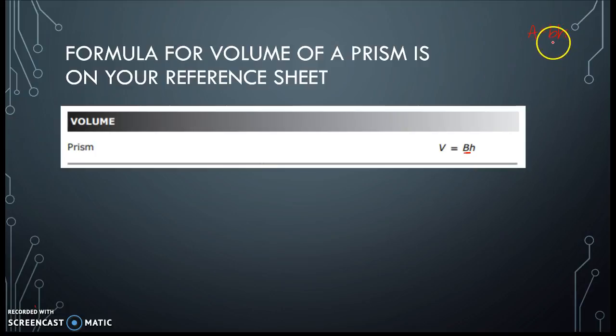Notice here it's a little b. So with volume, you are using big B, and big B means that it's not just the base of something, it's actually the area of the base. It's a calculation that you have to do before plugging it in.